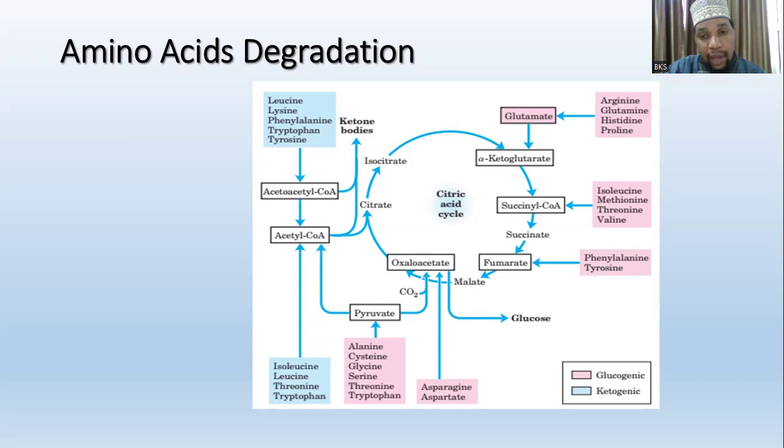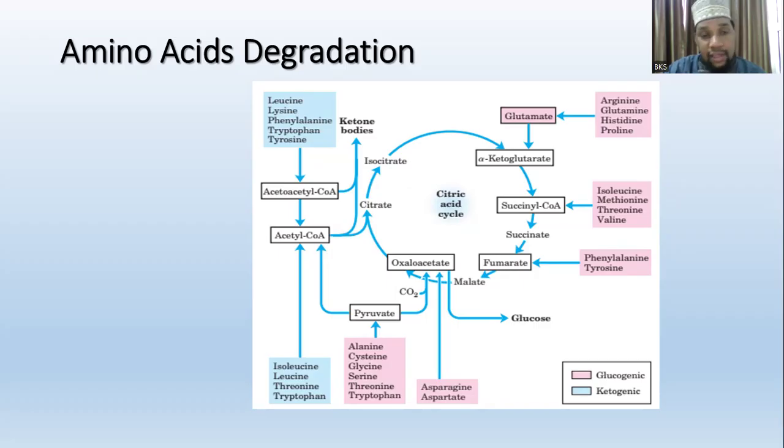From the diagram here, those in red are classified as glucogenic, and those in light blue are classified as ketogenic.